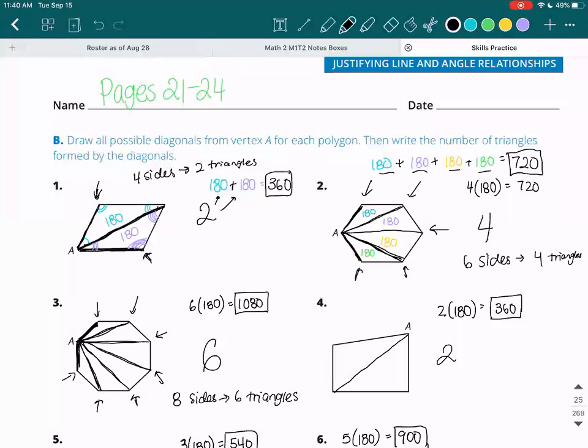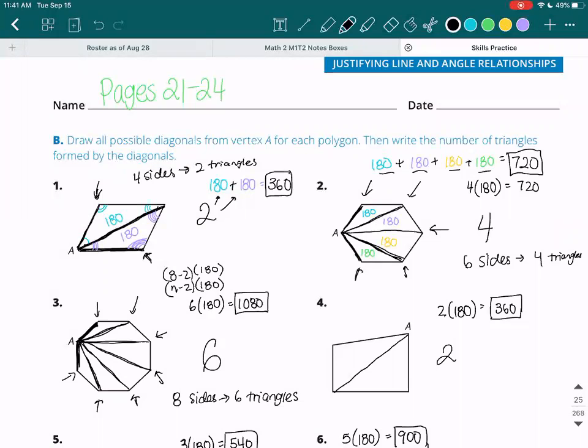So that's why every time we did 6 times, like for example, if we're looking at number 3, the 6 is the n minus 2, and then the 180 is just 180. So n being 8, because 8 sides minus 2 times 180 was the formula we could have used, but now you can see why that happens is because of the number of triangles you have.